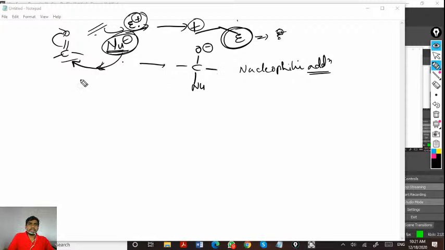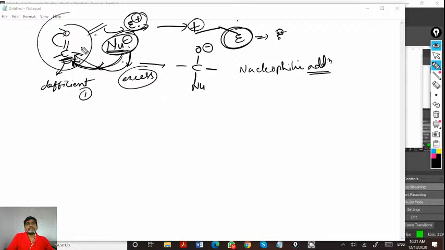In nucleophilic addition reactions, if the carbonyl carbon is electron deficient, it will be more readily attacked by the nucleophile. This is condition number one. If the nucleophile is more electron excess, then also the nucleophile will more readily attack.